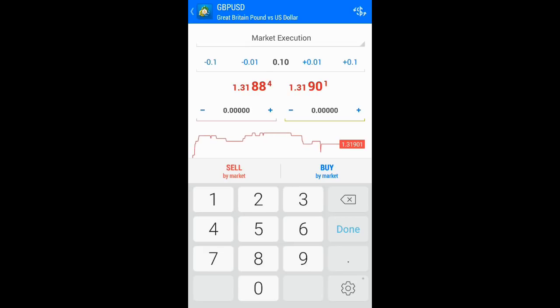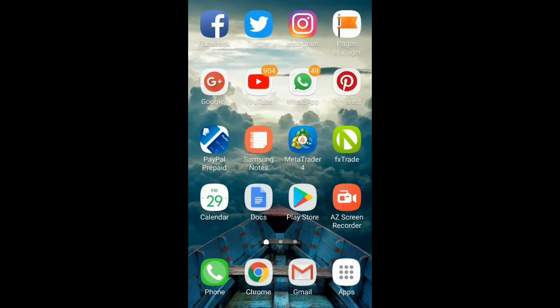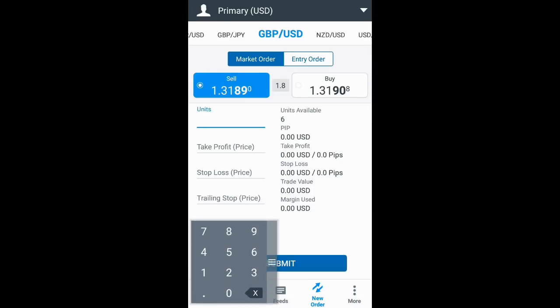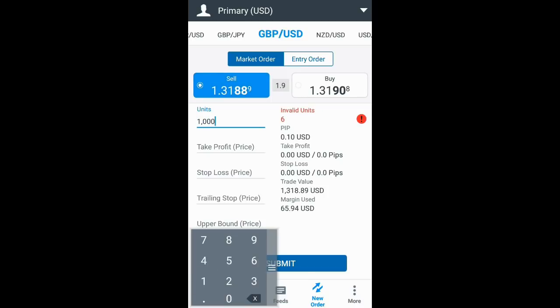lot sizes. Now, what does that mean in units? Let's go back to our Oanda FX trade. So we see that we don't have lots, but we have units. So what is the equivalent to 0.10 lot size when we talk about units? And that is 10,000 units.